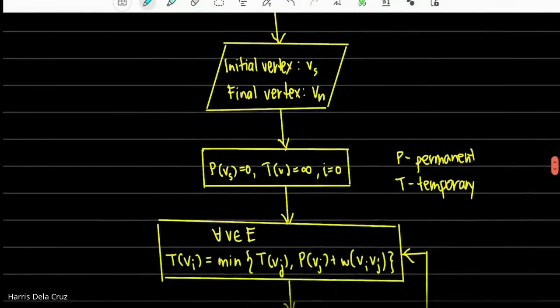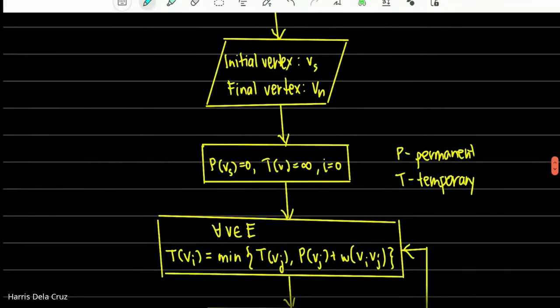So, paano mangyayari sa susunod na iteration? Lahat ng mga vertices, lalagyan mo ngayon ng bagong label. So, paano mo lalagyan ng bagong label? Ang bagong label will be the minimum of the previous label. So, ang mga previous label niya, kung mapapansin natin sa initial condition, T of V is lahat infinite.